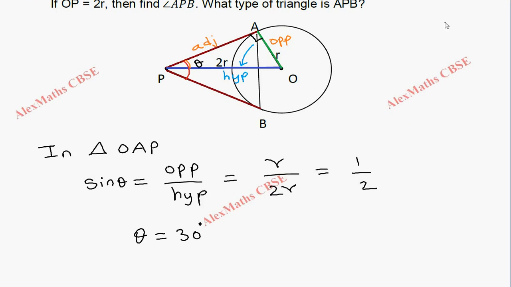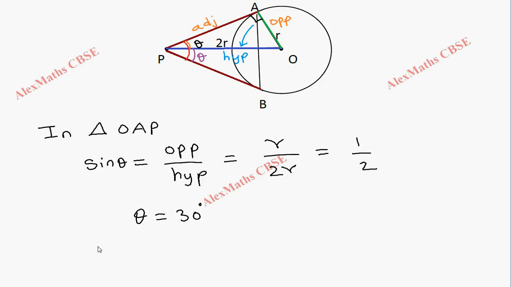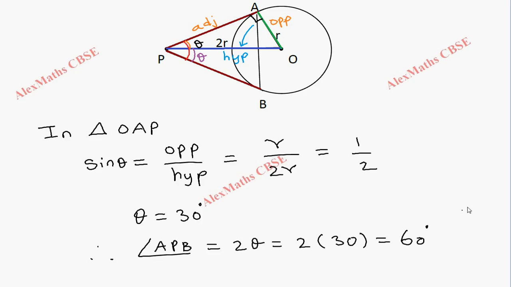When this is 30, these two angles are equal. So, when this is 30, even this is theta. So, total angle APB equal to 2 theta, because they are congruent. That's why when this is theta, this is also theta. So, 2 into 30, that gives 60 degree.